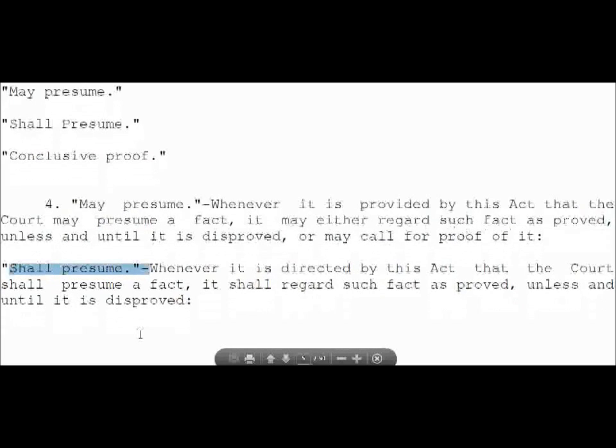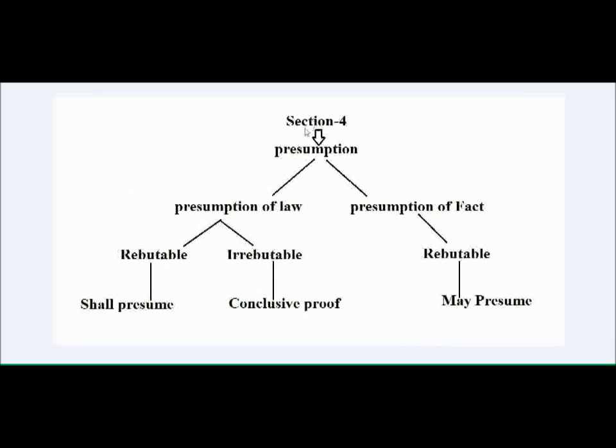Now comes a very important definition, that is, may presume. Here we will talk about may presume, shall presume and conclusive proof. So let us start with this chart. Here you can see section 4 talks about presumption. Presumptions are of two types: presumption of law and presumption of fact.